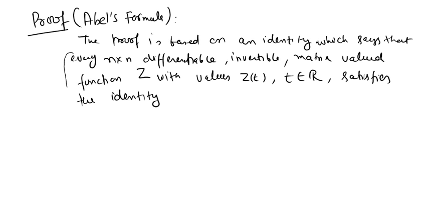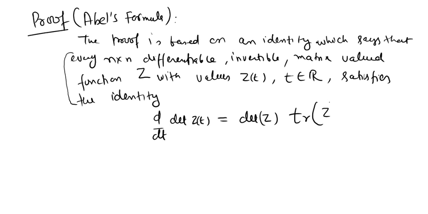This is the formal statement of that identity: the derivative of the determinant of Z(t) is equal to the determinant of Z multiplied by the trace of Z inverse times dZ/dt.